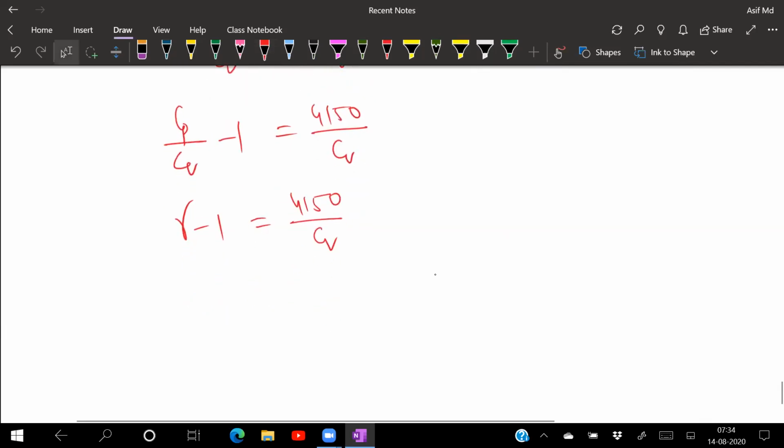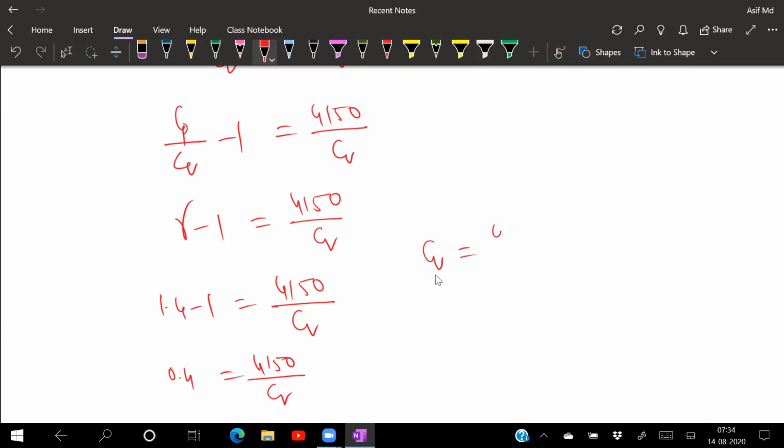Gamma is 1.4, so 1.4 minus 1 equals 4150 divided by Cv. So 0.4 equals 4150 divided by Cv. So Cv is equal to 4150 divided by 0.4. That will give me the answer.